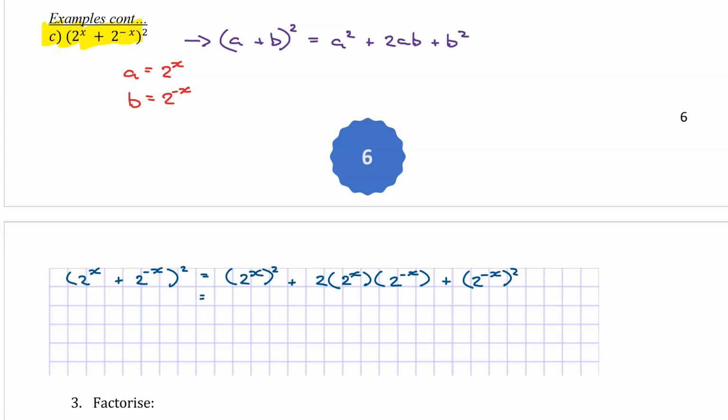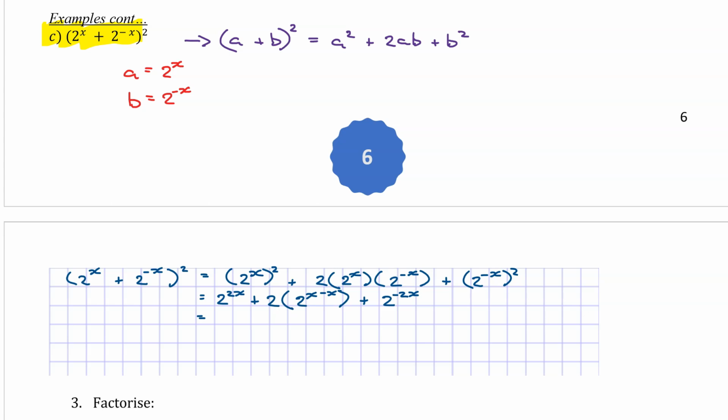Now simplifying this out, we're going to get 2 to the 2x plus 2, and then inside the brackets we're going to collect the like terms, so it will be 2 to the x minus x, like so, plus 2 to the power of negative 2x. Nice and easy so far.